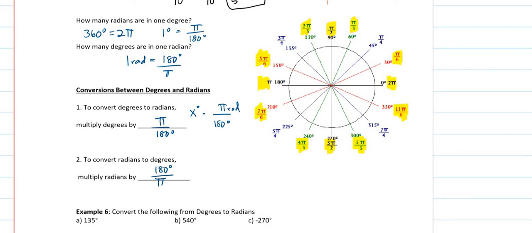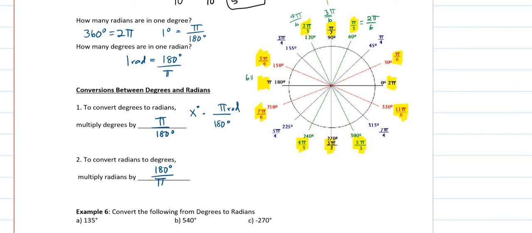And then we come around here. So if you think about fractions, this is pi over 6. This is the same as 2 pi over 6. This is 3 pi over 6. This is 4 pi over 6. It's just a simplified fraction. Here you get to 5 pi over 6.